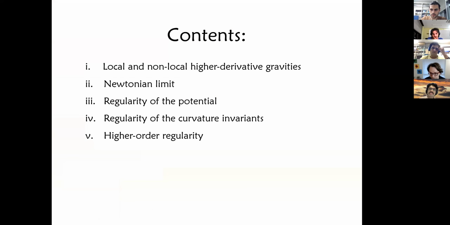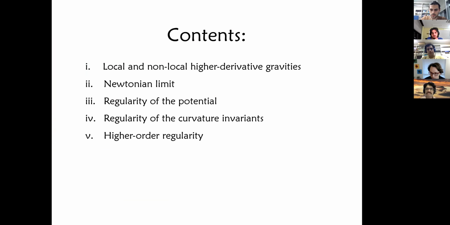So I'm going to start from the regularity of the potential, then go to the regularity of curvature invariants, and then to the regularity of higher order curvature invariants. Also I will start from local higher derivative gravity, then move to more general local higher derivative gravity, and then non-local higher derivative gravity.